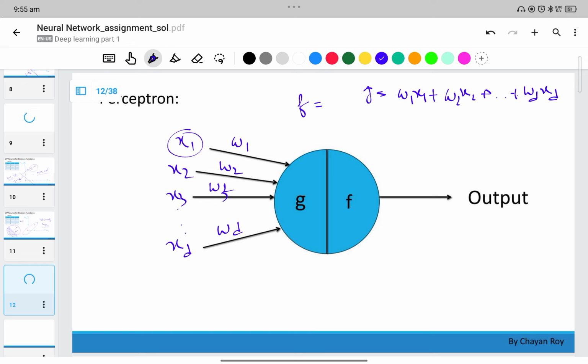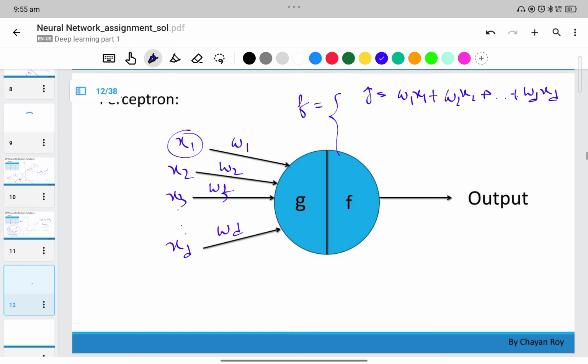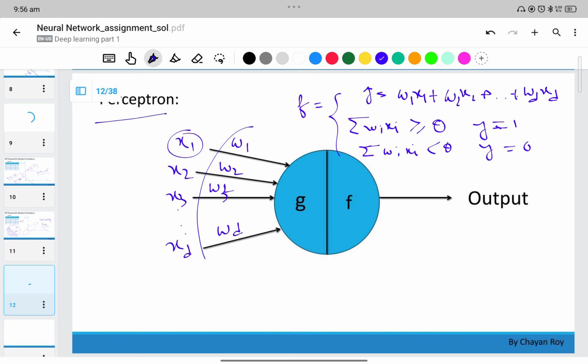Fine. So we can say that if the summation of wi xi is greater than or equal to theta, we say y equals to 1, and whenever wi xi is less than theta, we say y equals to 0. Fine. So this is how a perceptron works. It introduces some weights so that we can tilt the decision boundary according to our needs.